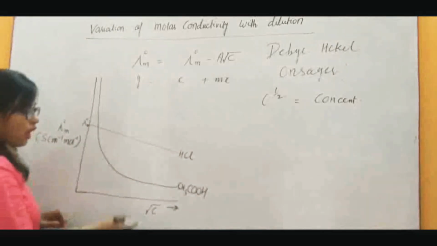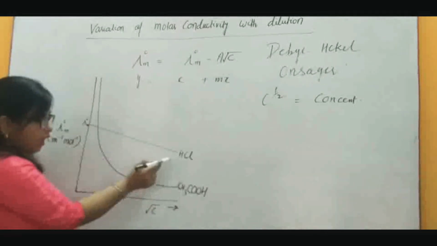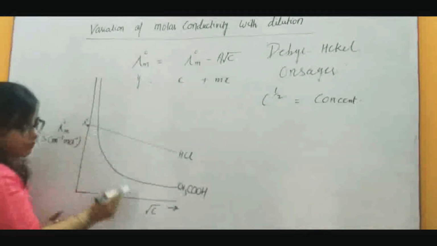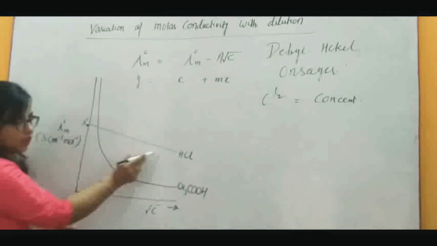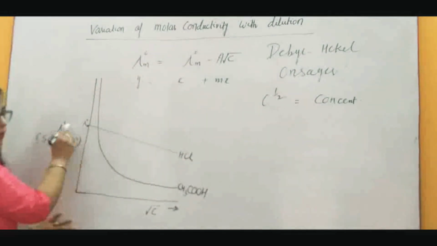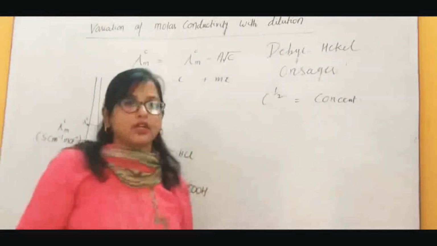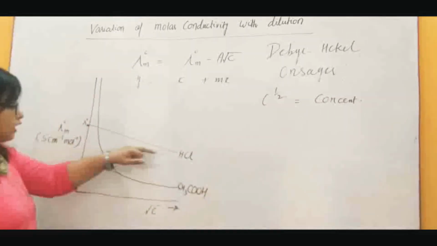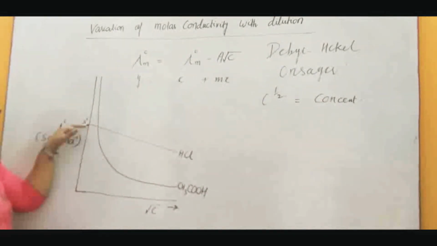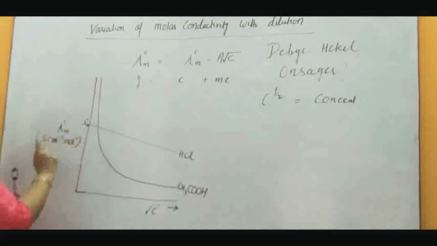Okay guys, so I am diluting HCl, this was my concentration. I am decreasing its concentration along the x-axis. On decreasing the concentration of HCl, there will be a rise in its molar conductivity, because molar conductivity always increases with dilution. So it can be extrapolated to the y-axis.